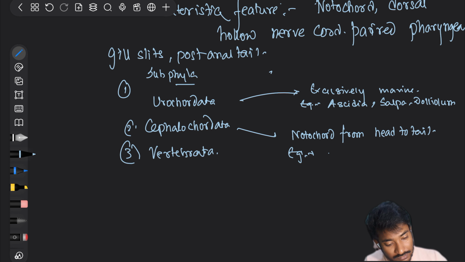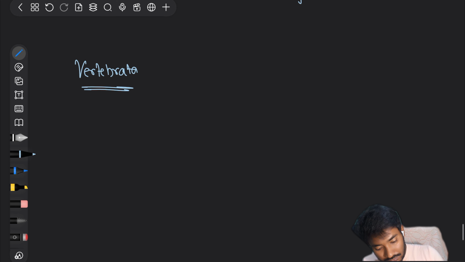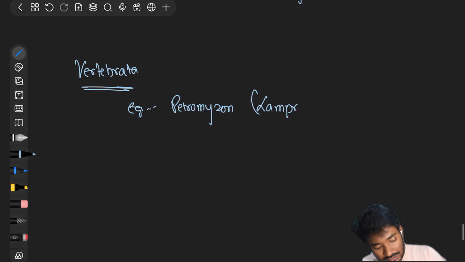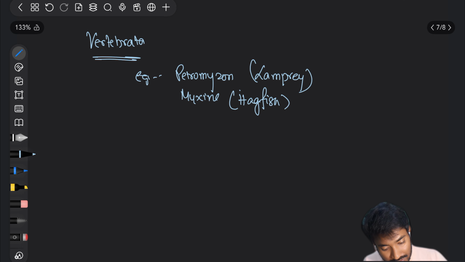For example, Branchiostoma. Okay. Now comes Vertebrata. Example, Petromyzon, the lamprey. Examples are being asked, so you need to study those characters before this examination. Where a character is required, I will describe it.